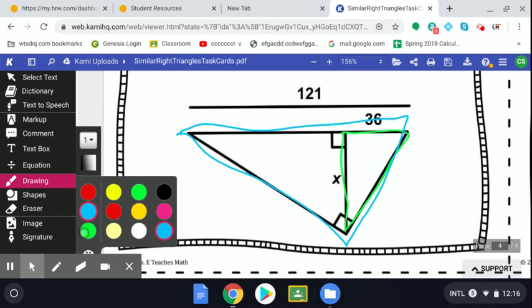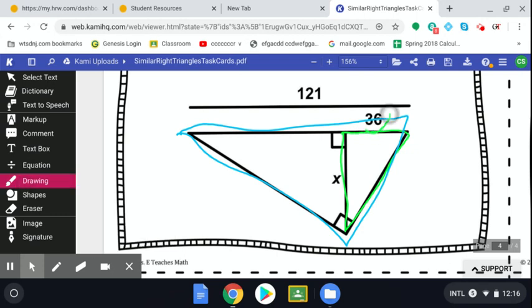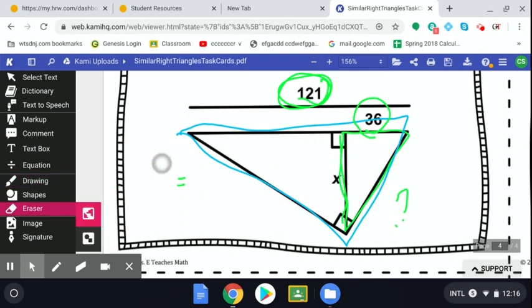So now I can say shorter over longer is equal to, you know what, that's not going to work because I don't have this over here. Okay, so I'm going to change my strategy. I thought I would use the outside triangle because of the 121, but since I don't have this, that's not going to work.